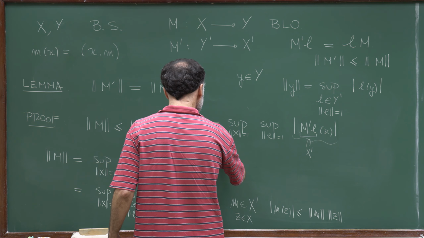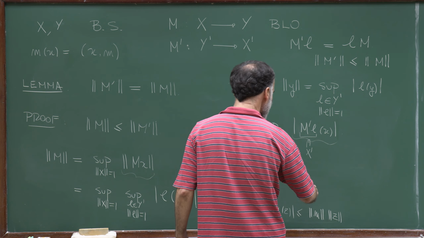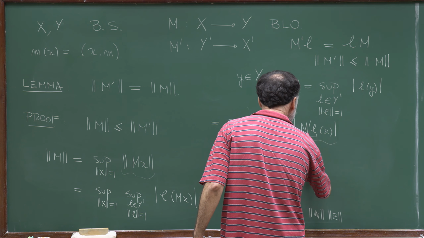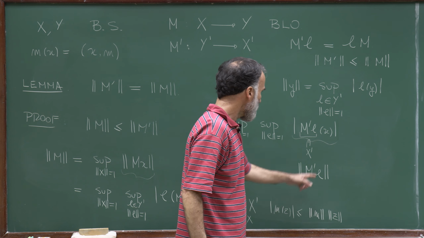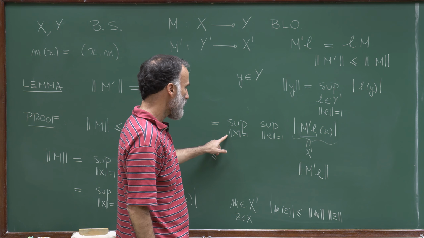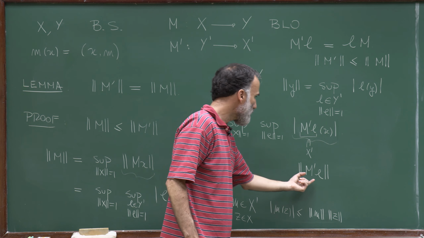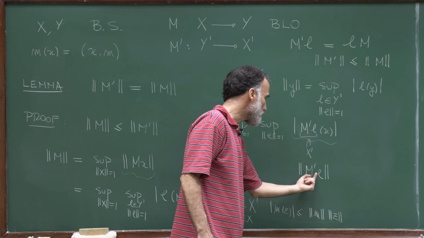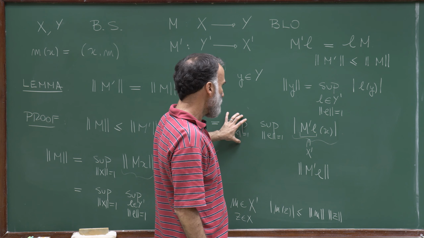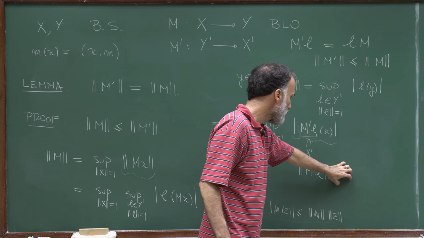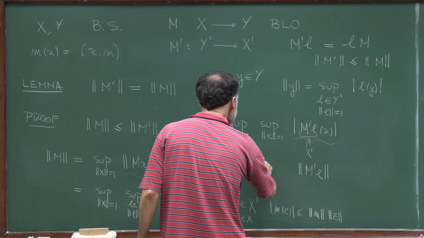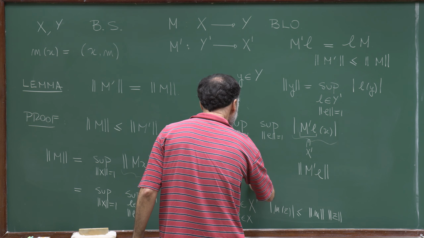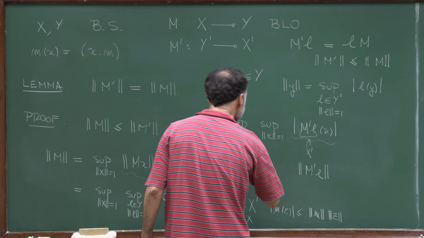So this is bounded by the same supremum, and here I have the norm of M prime L times the norm of x, but x has norm equal to 1. So this is bounded by the norm of M prime L. The supremum over x disappeared because x disappeared in this expression, and what remains is a supremum over all L with norm equal to 1.